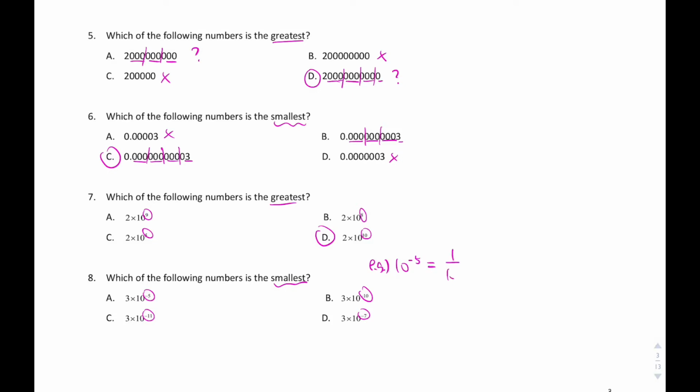This is 1 over 10 to the power of 5. That means 1 over 100,000. So with more negative index, that means the number is smallest. So the answer is C.